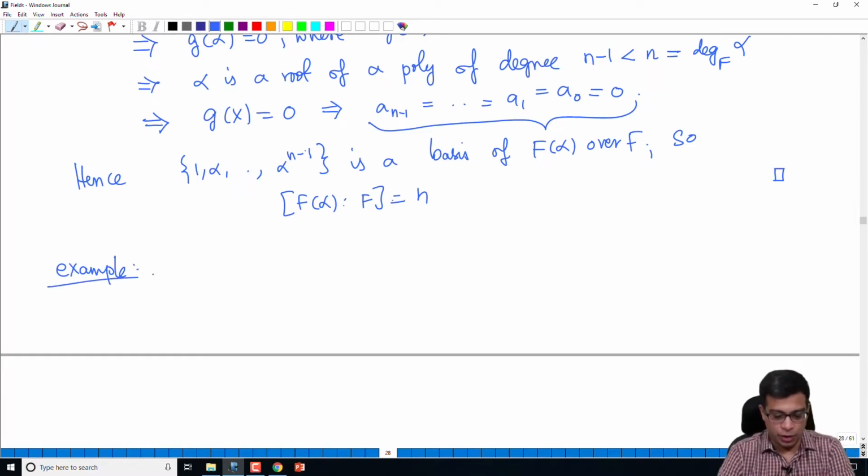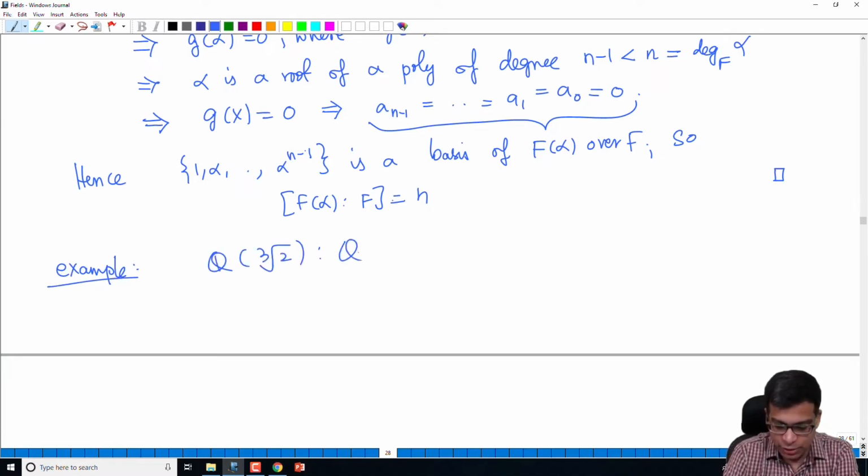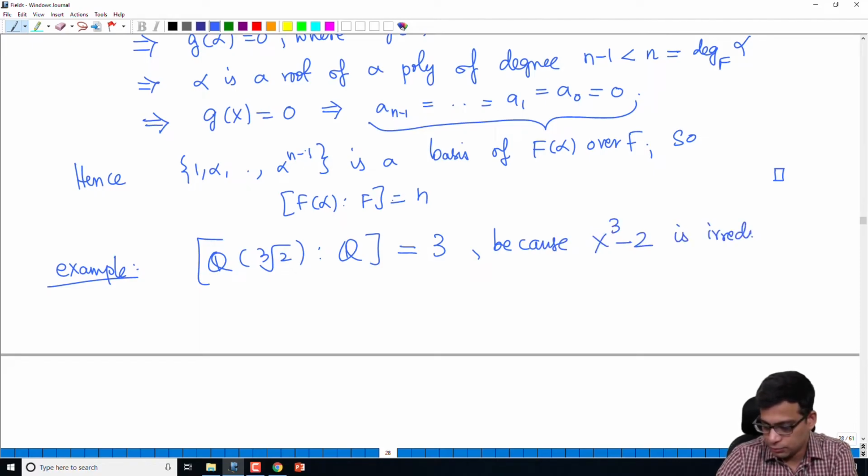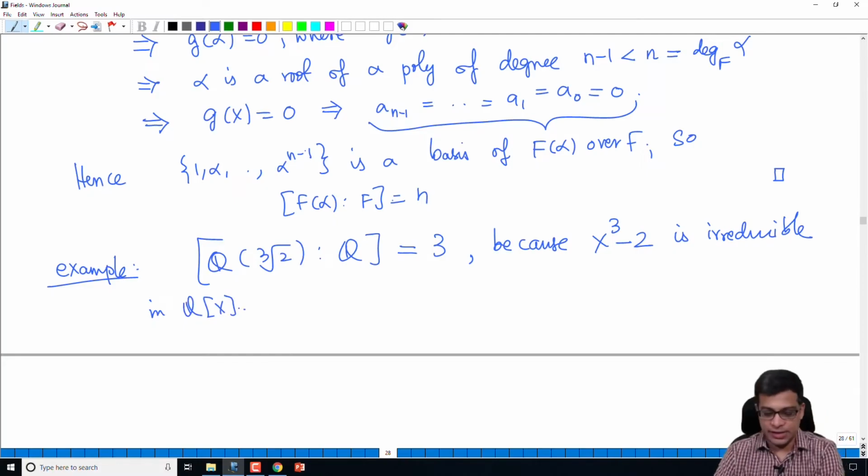Immediately, let us go back to one of the examples that I wrote. I can conclude that the degree of the field extension Q adjoined cube root of 2 over Q is 3, because x cubed minus 2 is irreducible in Q[x]. We can check that this is irreducible, for example, by the Eisenstein criterion.